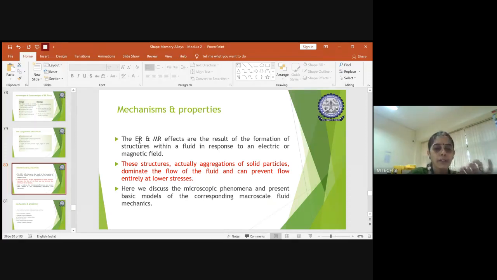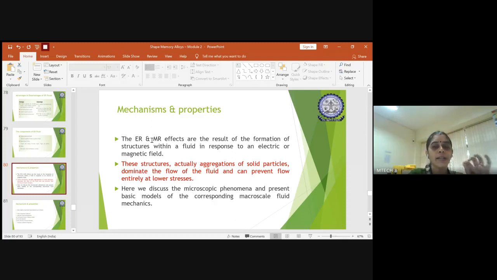I dealt with this slide in the last class just to brief what it means. You know that ER and MR effects come into picture in a given fluid when it responds to a given electrical field or magnetic field. If the given smart fluid responds to an electrical field, then it is an electrorheological fluid.